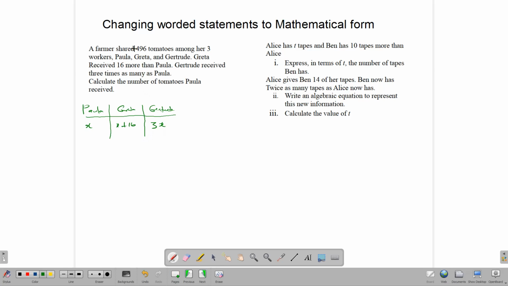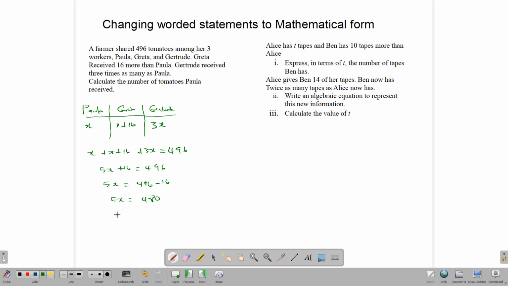Now, we know that the farmer shared 496 tomatoes, which means that x plus x plus 16 plus 3x should give us 496 tomatoes. This means that 3x plus x plus x, that's 5x, plus 16 is equal to 496. This means now 5x is equal to 496 minus 16, which means 5x is equal to 480.